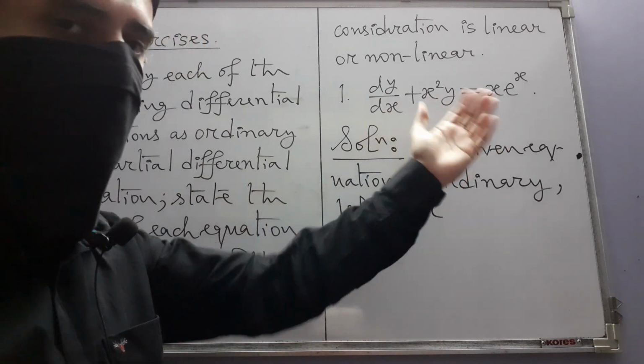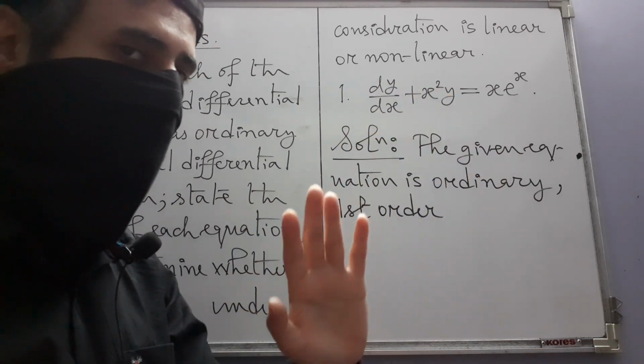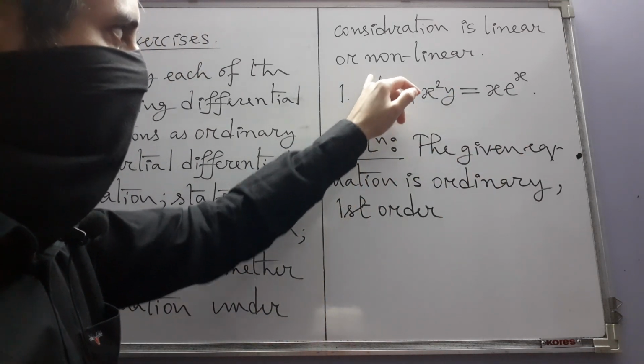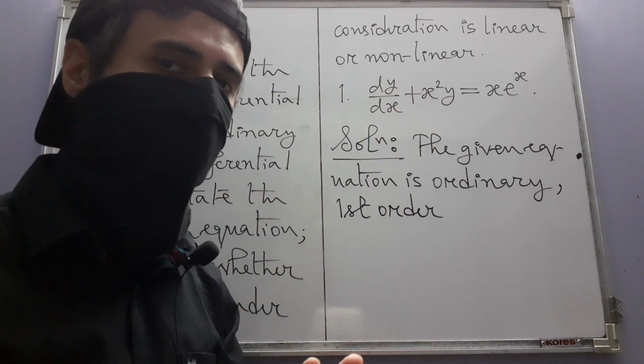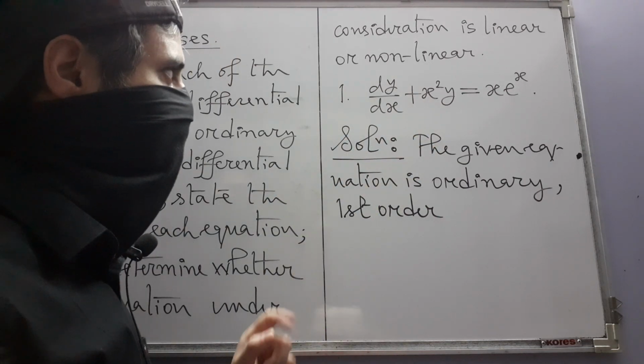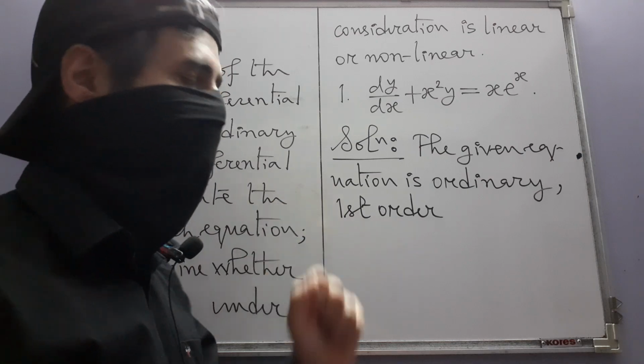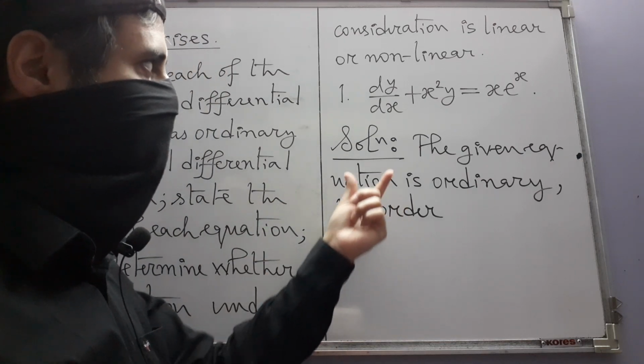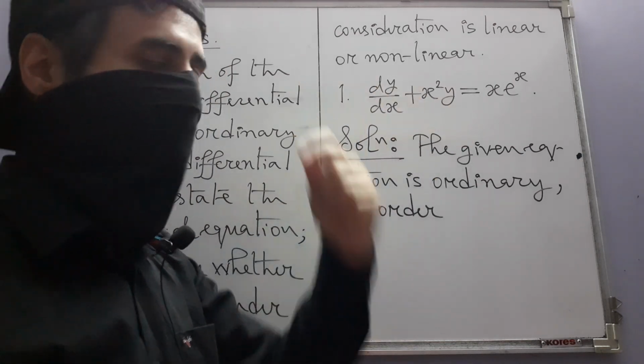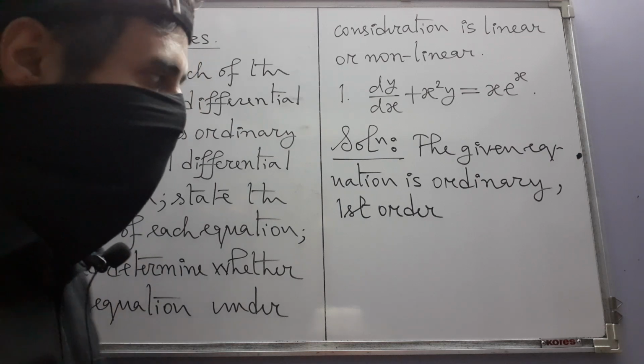Yes, y appears simply as y, not y square or y cube or anything else. Similarly, dy dx also appears to the first power. Also, there is no cross term, that is, we do not see any product of y and dy dx. That is why it is linear.